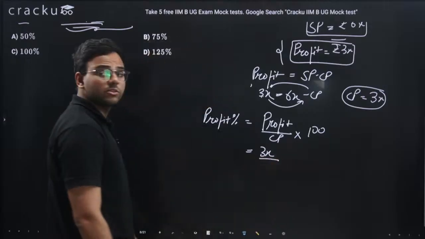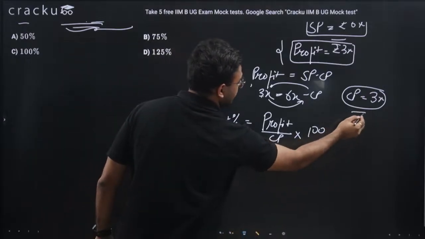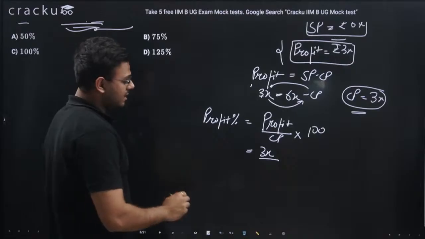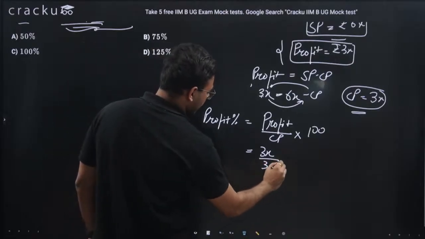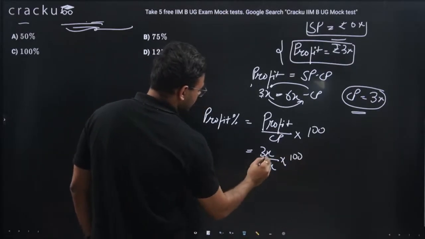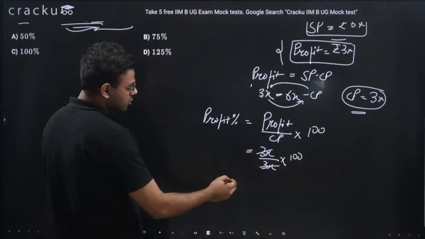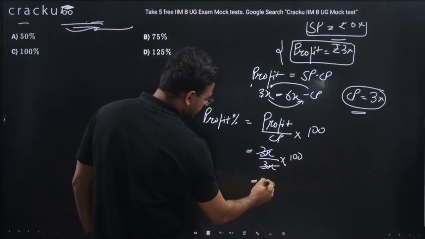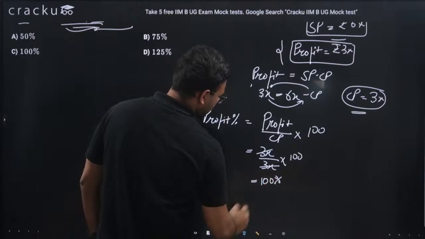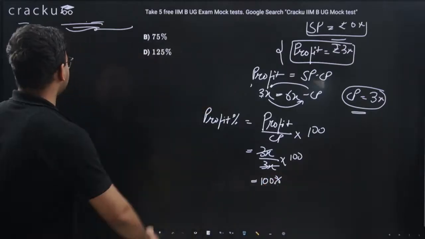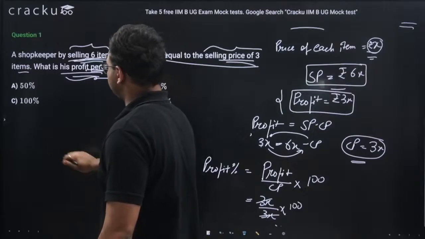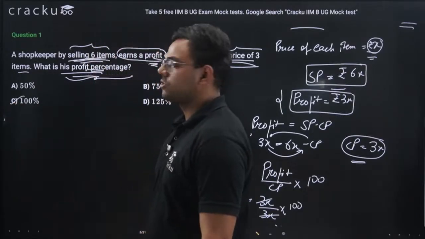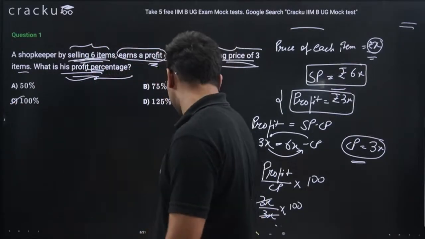And what is the cost price? Cost price is 3x. We have calculated the cost price of the item as 3x. So 3x by 3x into 100. This 3x will be cancelled and the total profit percentage is 100%. So the correct answer is option C. Option C, 100% is the correct answer.